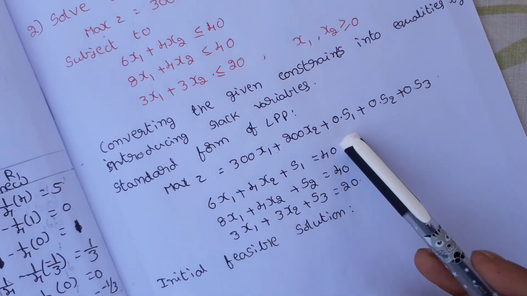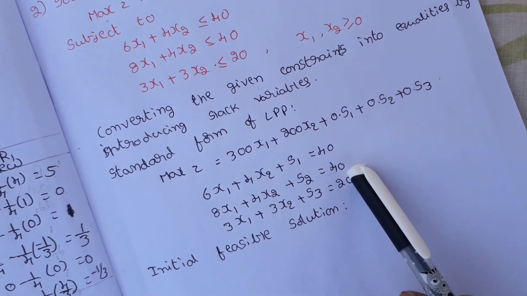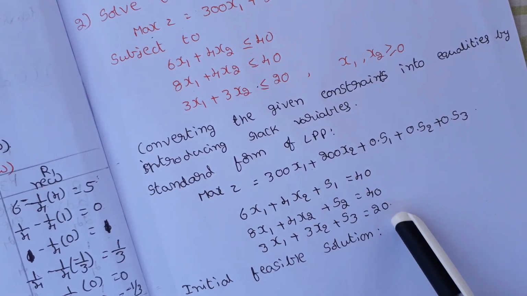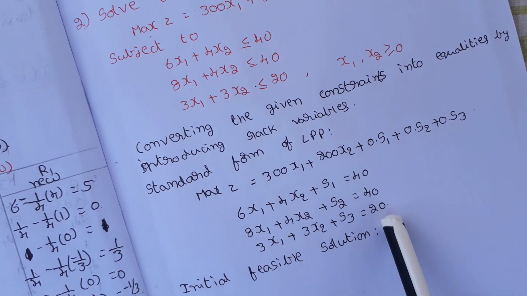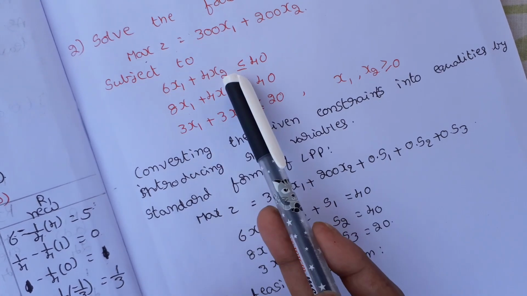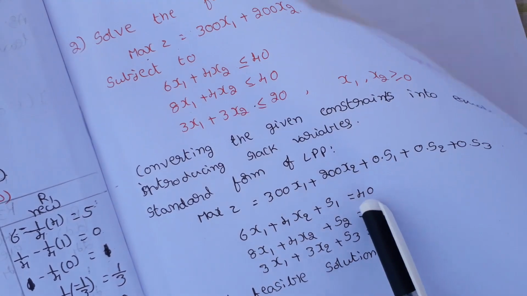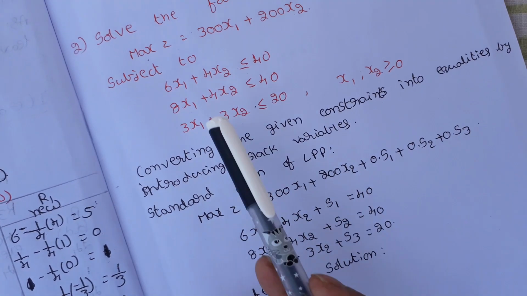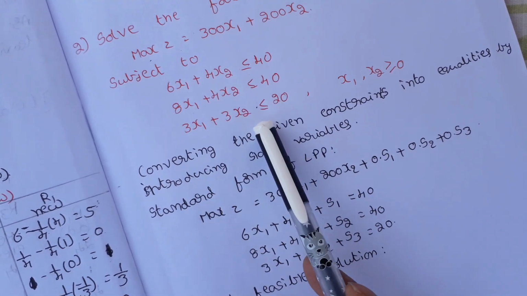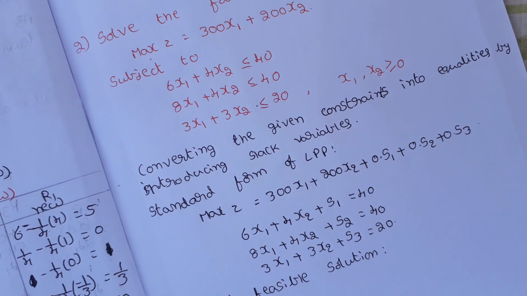Now let us consider these 3 constraints, which we have converted into standard form equalities by using slack variables: 6x1 plus 4x2 plus s1 equal to 40, 8x1 plus 4x2 plus s2 equal to 40, 3x1 plus 3x2 plus s3 equal to 20.